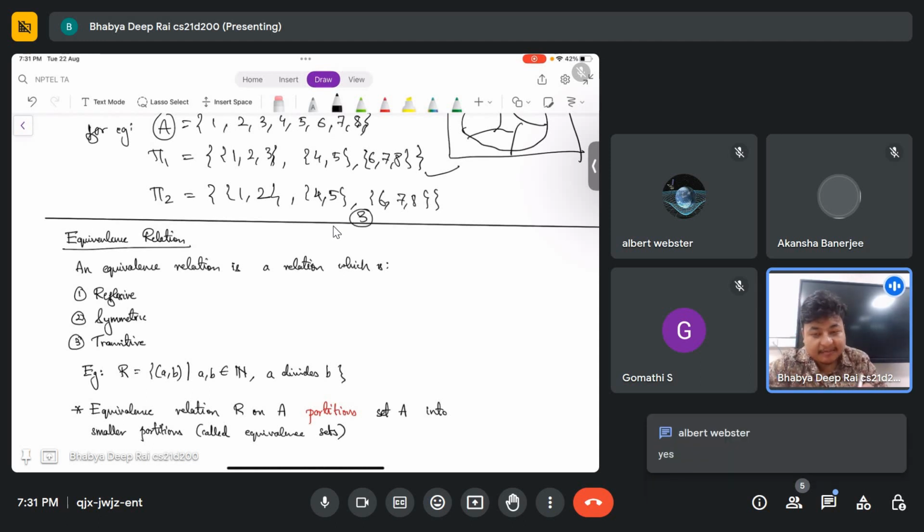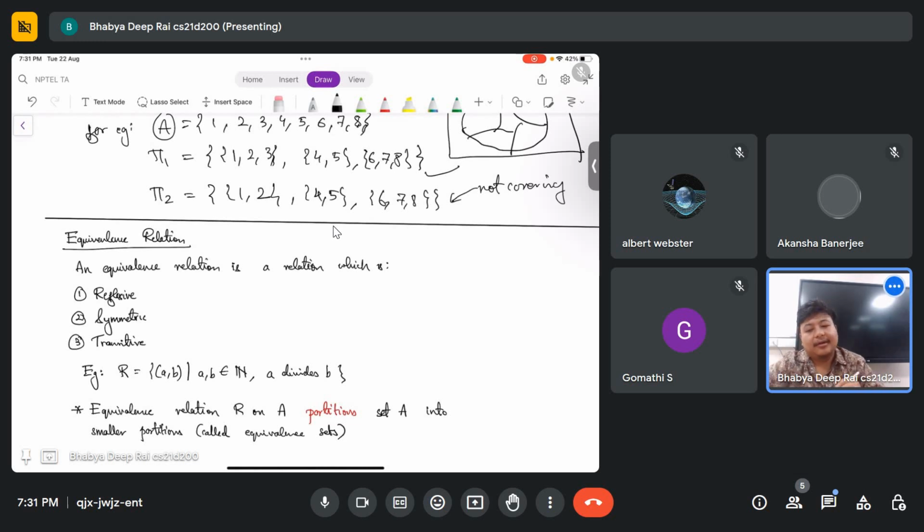So this is not covering. The covering condition is not getting satisfied, so therefore it is not a partition. But if 3 were to be here in this, let's say, then again it becomes a partition.